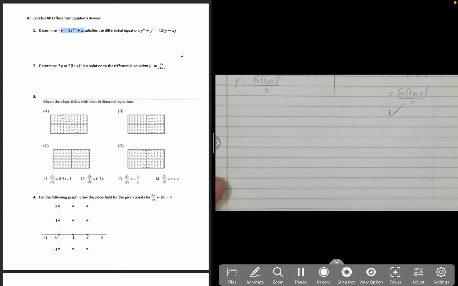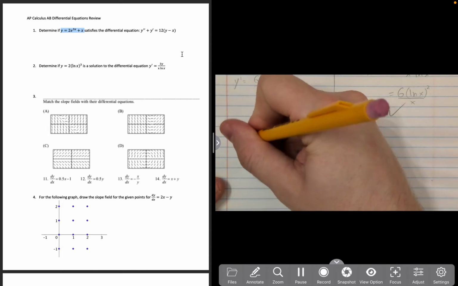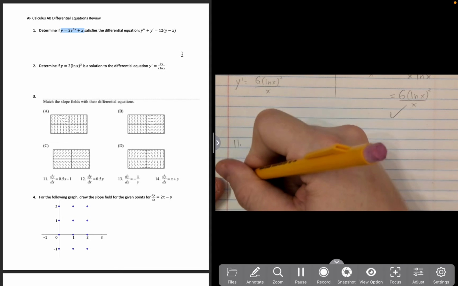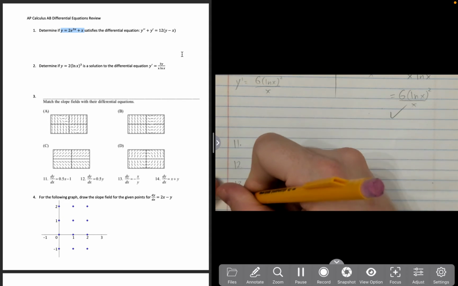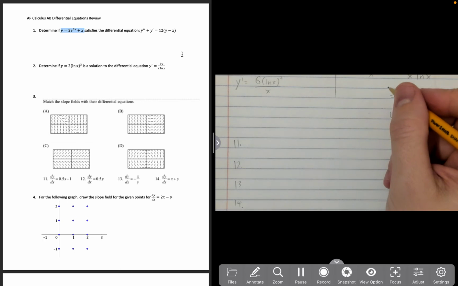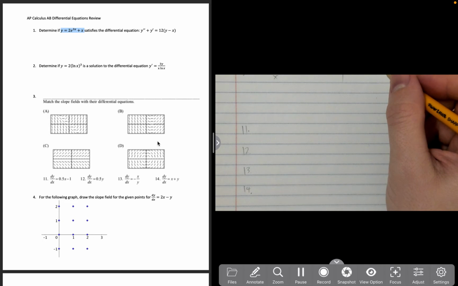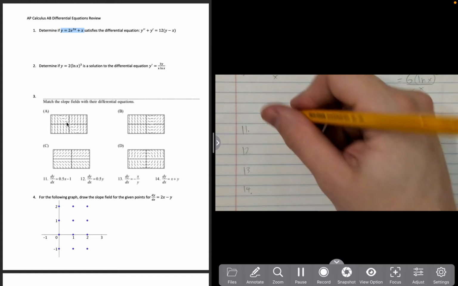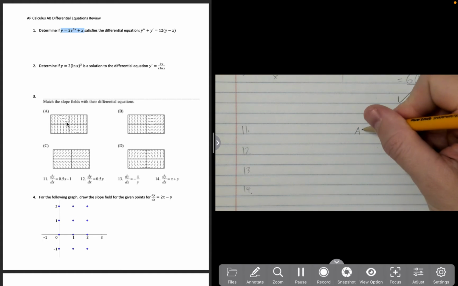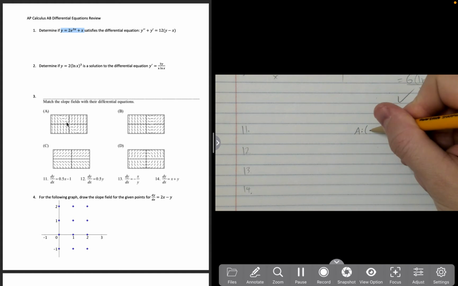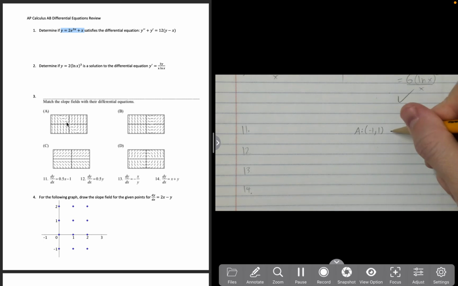Up next, for doing this kind of multiple choice matching section, I guess I'll write number 11, number 12, number 13, number 14. My approach to this, it'll be a little hard to do without being able to circle this, but maybe like for A, for instance, notice that on A, there's a point, -1, 1, whose slope is 0.